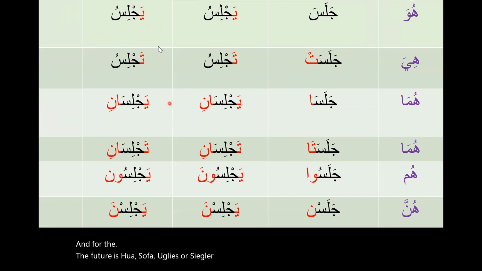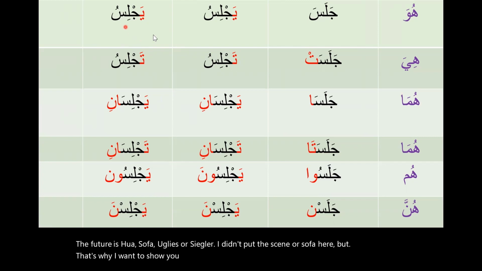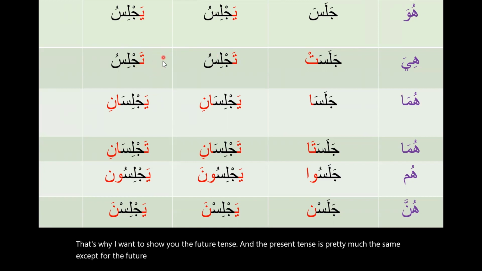I didn't put the seen or سوف here, but I want to show you that the future tense and the present tense are pretty much the same, except that for the future tense you add the letter seen or the word sawfa, and that will become the future tense.